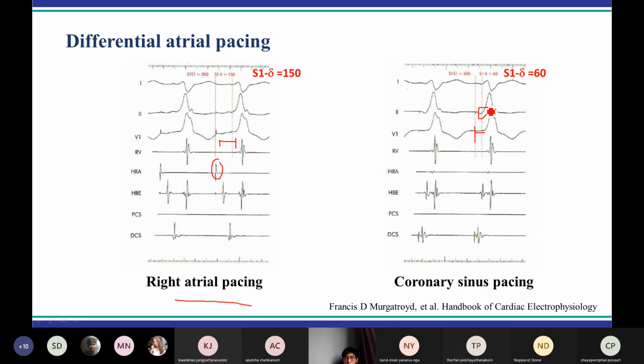The delta wave is more prominent. And also another thing you can observe: this one is A, and this one is the His. But in this one there is an A, and you cannot identify the His as it is blended with the ventricle. So if you pace from a side that is close to the accessory pathway, it would give you more pre-excitation.